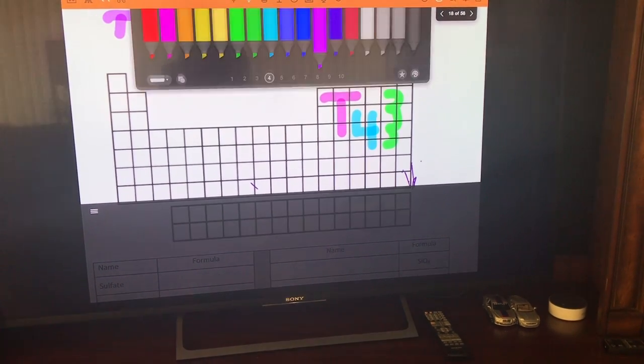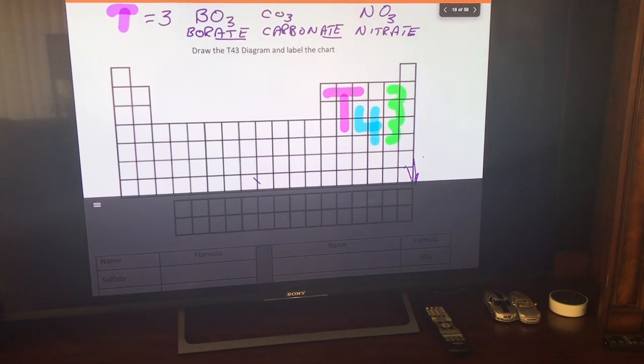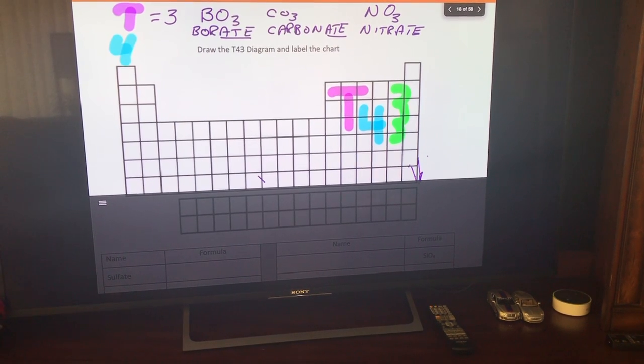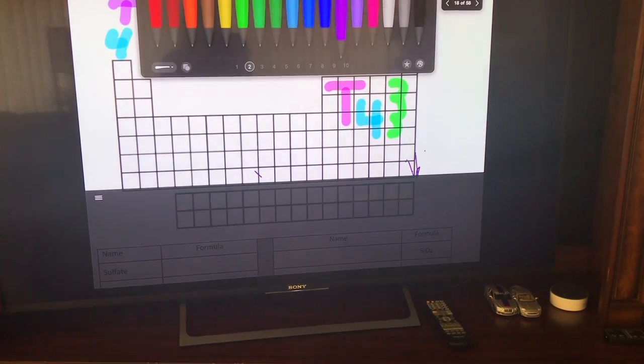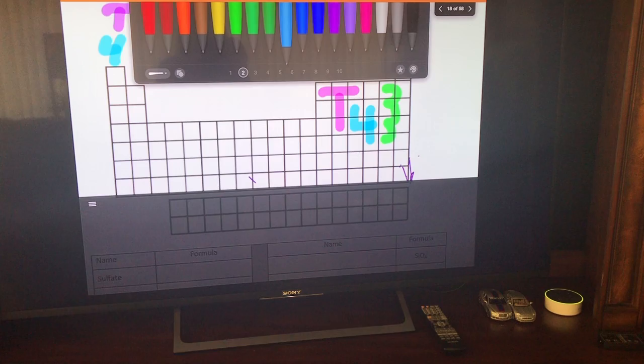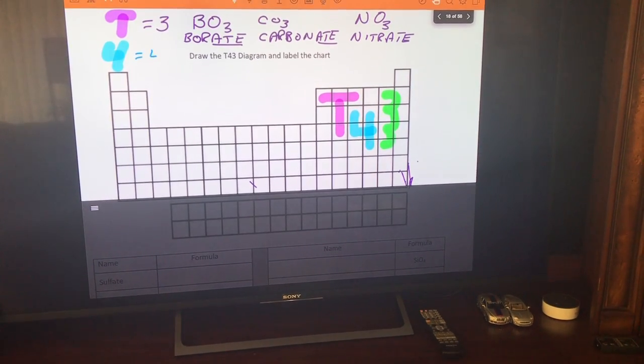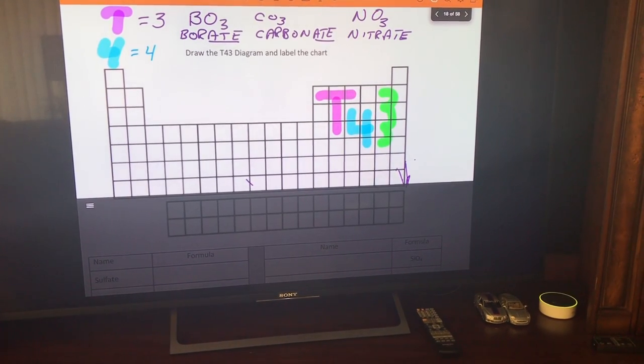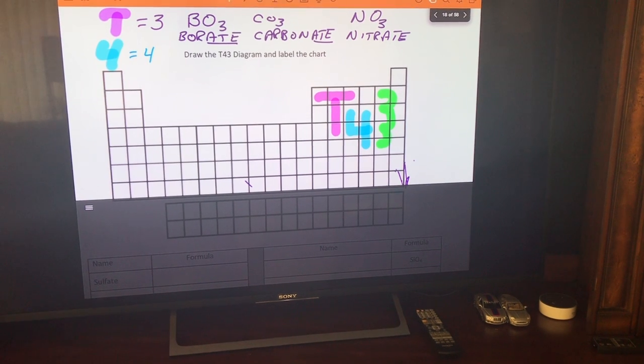The second group, right underneath them, and we'll use that blue, the 4 does stand for 4. So each of these is going to have 4 oxygens.